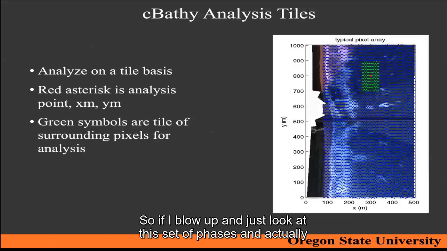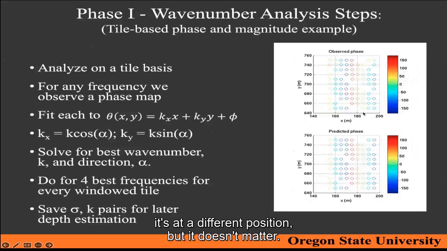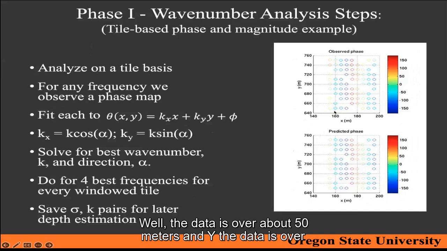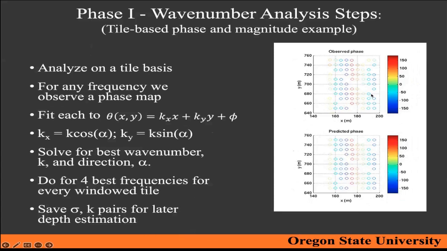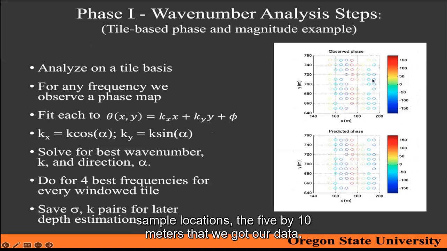If I blow up and look at this set of phases, actually it's at a different position, but it doesn't matter. These are the phases within the tile. This is X, and the data is over about 50 meters, and Y, the data is over probably 100 meters or so. And these are the individual phase estimates from each of the sample locations, the 5 by 10 meters that we got our data.